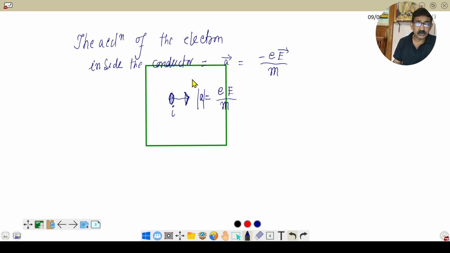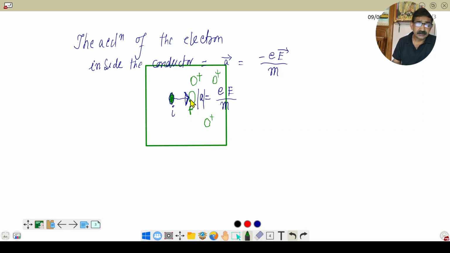Now, there are so many ions. The ions are fixed. This is a positive ion, another positive ion, another positive ion. All the ions are fixed inside the conductor, and the electron will encounter collisions. This particular electron will encounter a collision when it collides with an ion.